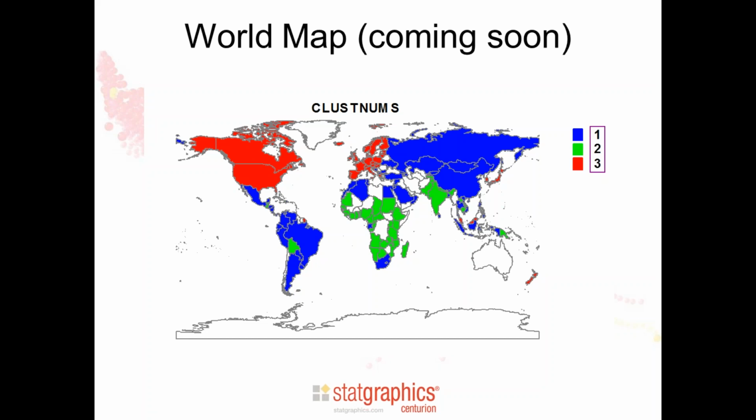So they were not able to be grouped into particular clusters. Missing data can cause you a problem, of course, in trying to determine clusters. So that is the result of Ward's method in terms of dividing my countries into 3 different clusters.